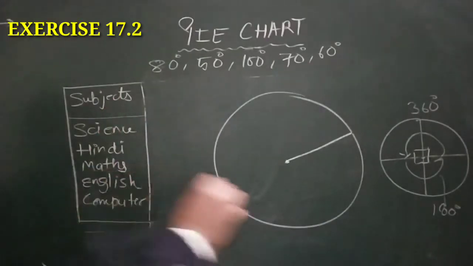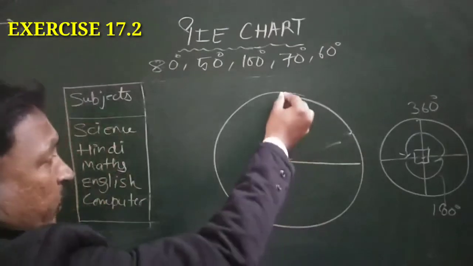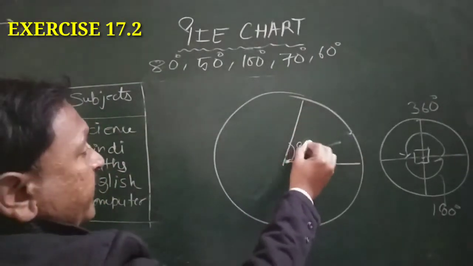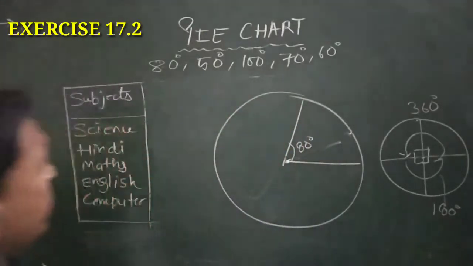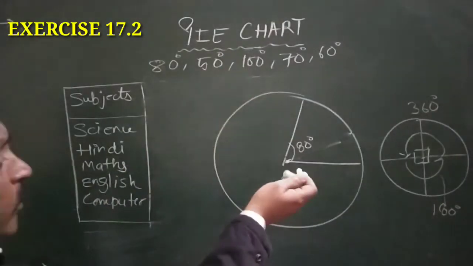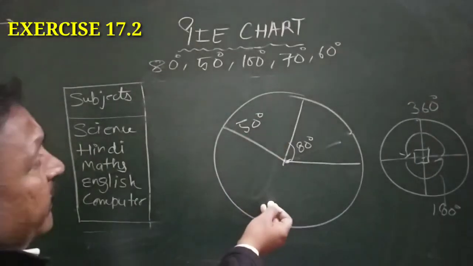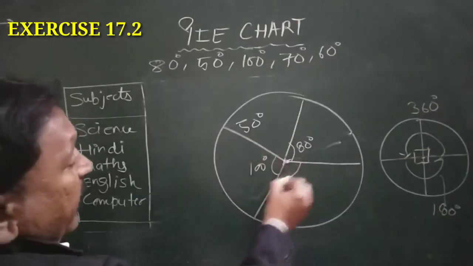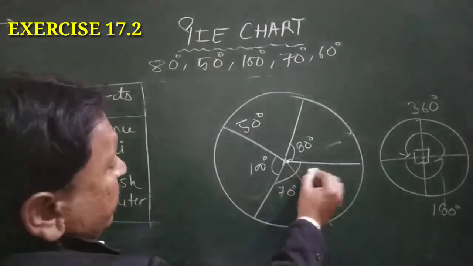80 degrees. Try to take the radius in a straight way. Suppose this is 90, so 80 means less than 90. So this is 80 degrees. You can also use your protractor for marking it. In the same way we can mark 50 degrees also. Then 100 degrees, and 70 and 60.